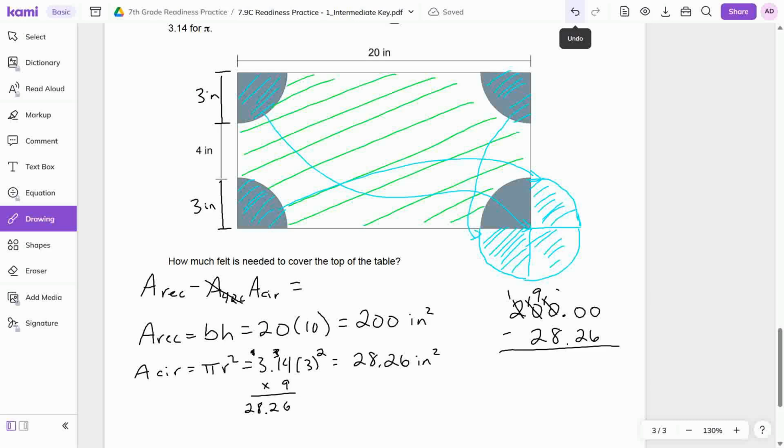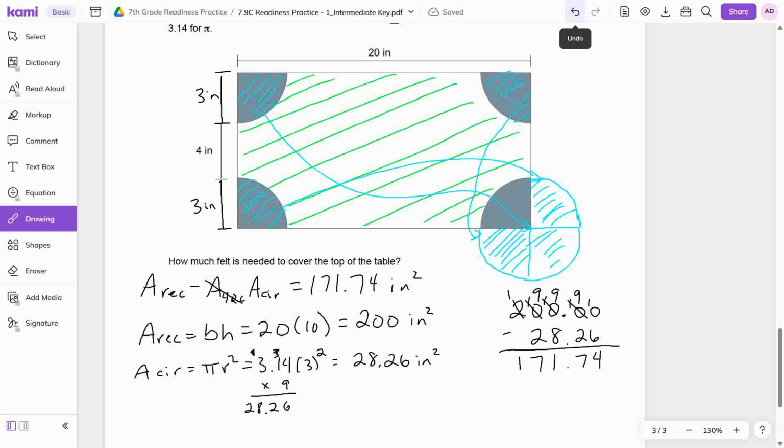Take a 1, leave 9, break it up into 10 tenths. Take a tenth, leave 9, break it up into 10 hundredths. Now I can finally do this. So I've got 4 hundredths, 7 tenths, 1, 7 tenths, 100. So I've got approximately 171.74 square inches.